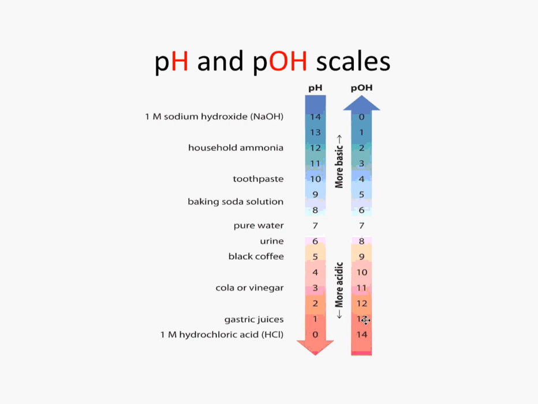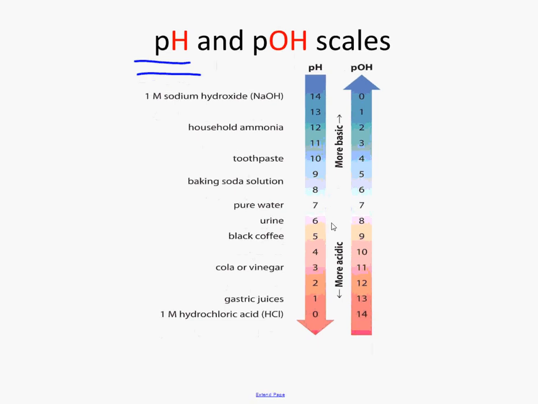Normally, when we talk about this, we've always used the pH scale, which is just a measurement of the amount of hydrogen in the solution. And so the more acidic a solution is, the lower the pH will be. And so take this, for instance, hydrochloric acid. Very little hydroxide, lots and lots of hydrogen in the solution.